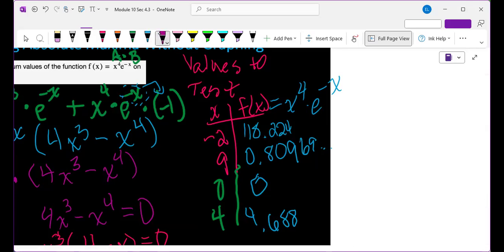So what is our absolute max? Which point's the highest? x equals -2 gives us the highest value of 118.224.